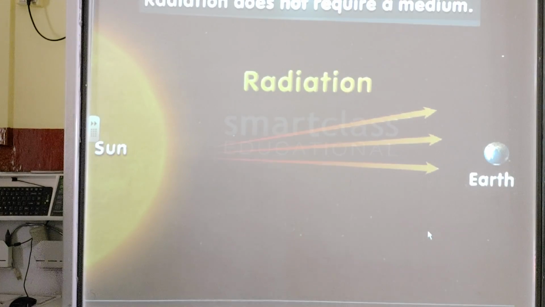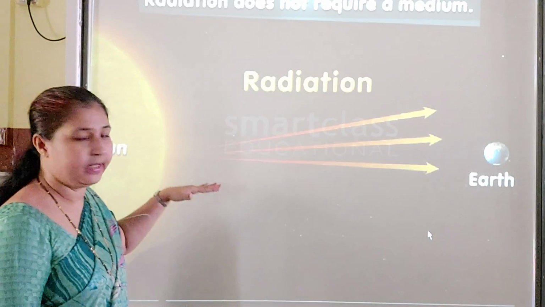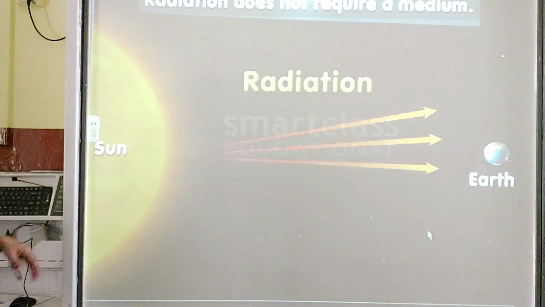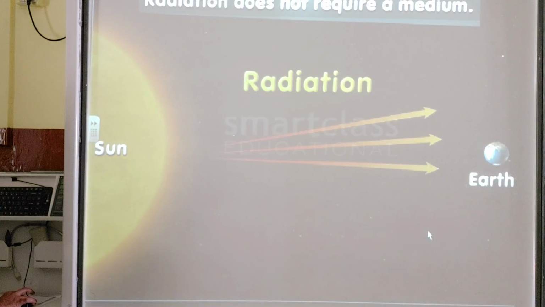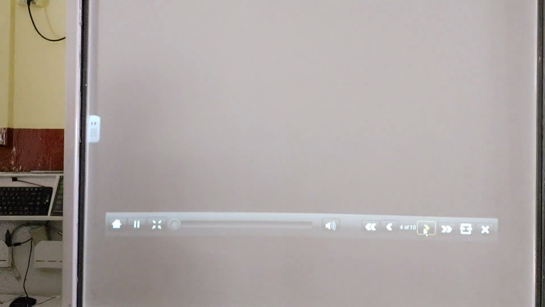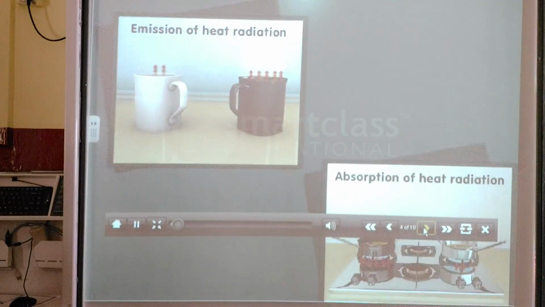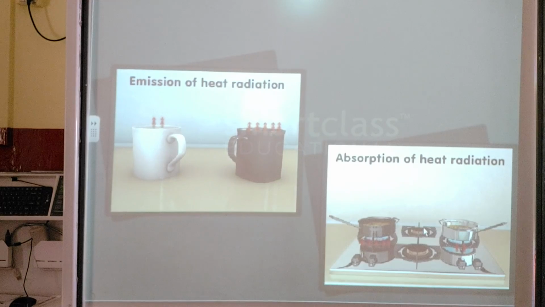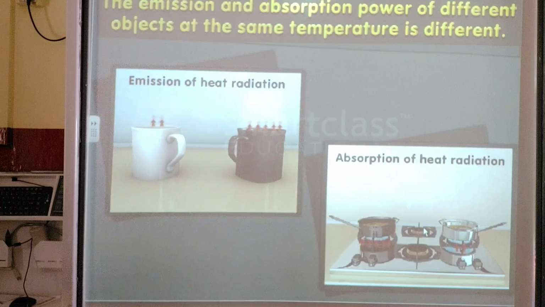So here, the heat of the sun comes to the earth without any medium. That is called radiation. All objects emit and absorb heat radiations at all temperatures. The emitting and absorption power of different objects at the same temperature is different.